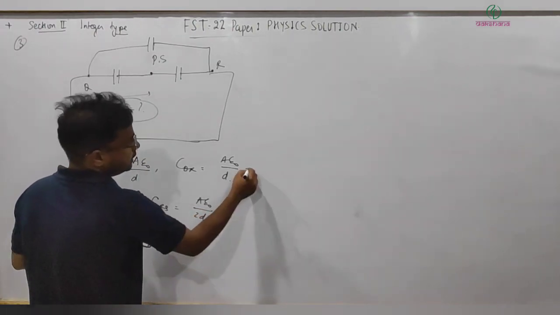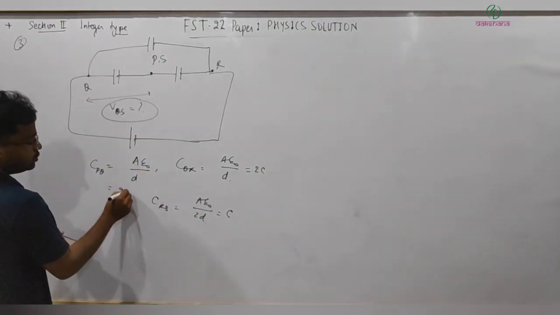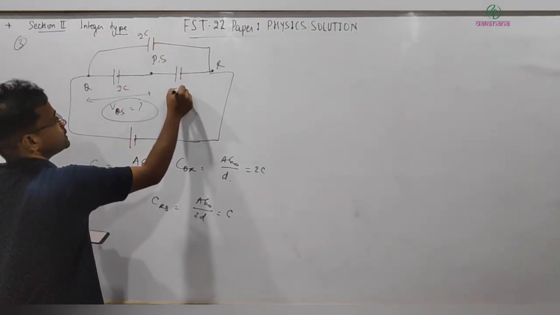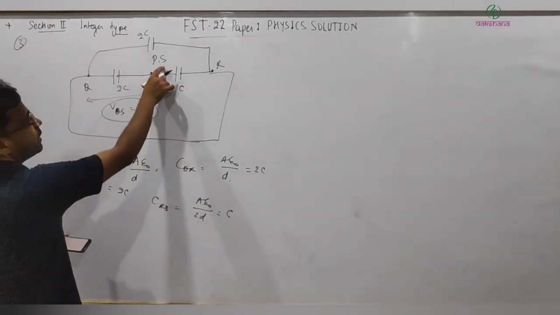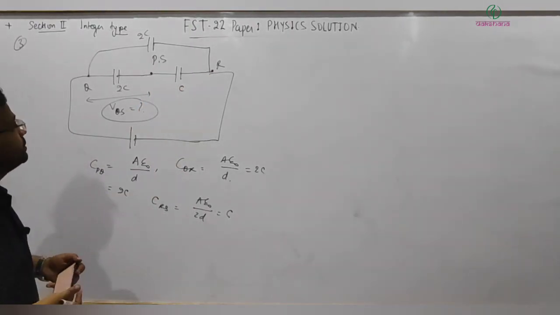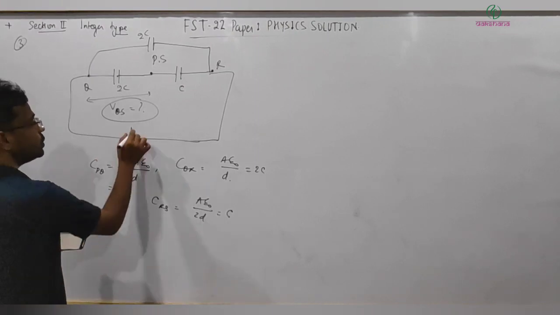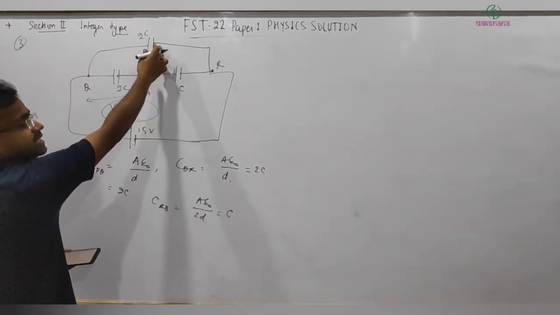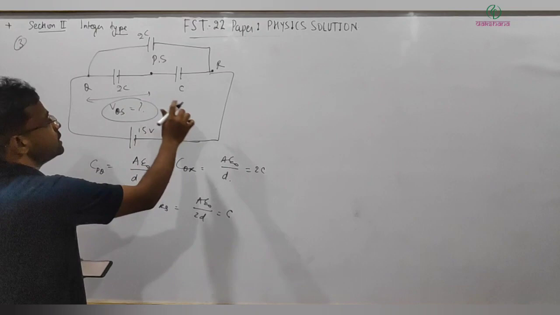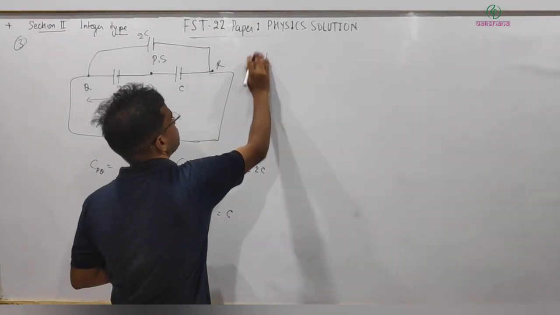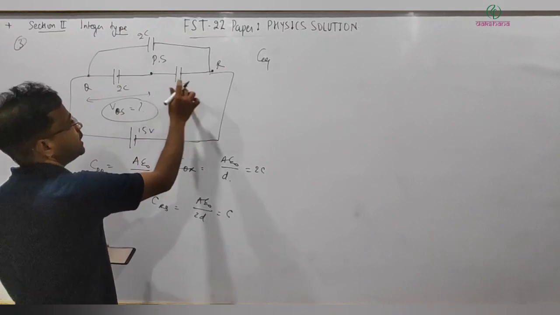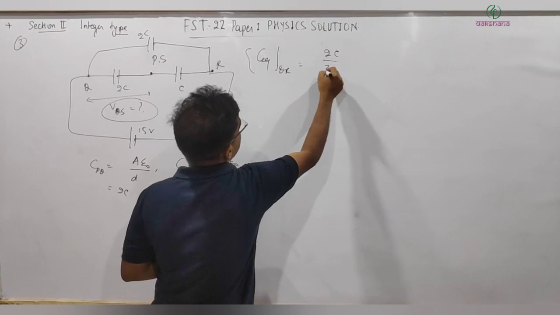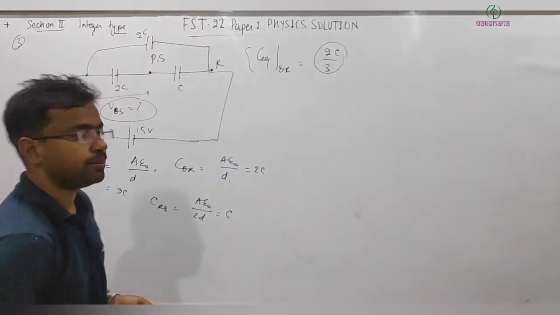So if I take this as C, then the others are 2C. QR is 2C, and this is C, and between R and S it is C. Now this means the 15 volt battery is connected across this and across this, so we don't need anything across this. Now calculating the equivalent capacitance for this arm QR, we get 2C divided by 3, in series combination.